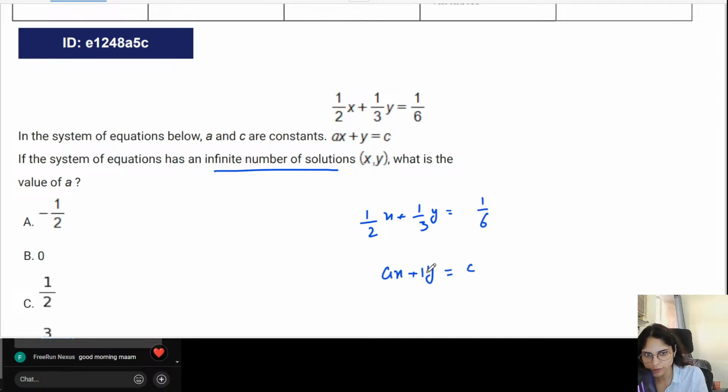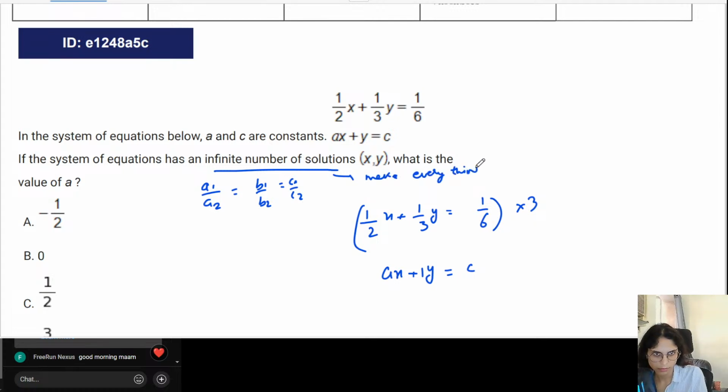Now here the coefficient of y is 1. We want to make it 1, multiply the entire equation with 3. Or you can do the same thing over here. Make everything same.